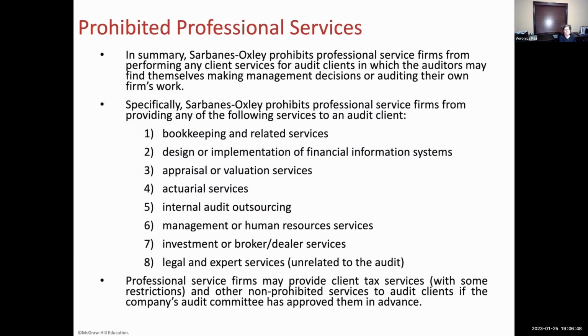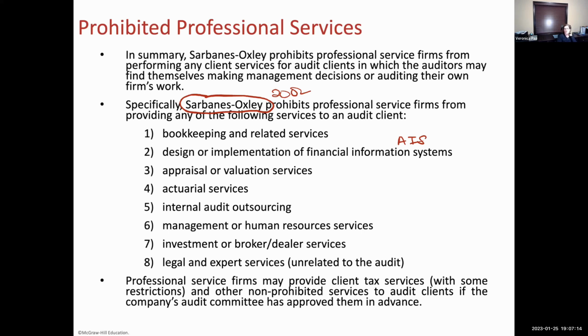And then this is another area that you want to make sure you fully understand. As I mentioned before, there are certain services that we're allowed to do. There's a whole bunch of others that we're not. Basically this was prohibited by Sarbanes-Oxley. So in 2002, we couldn't do bookkeeping. We couldn't help them with their AIS, their accounting information systems. We couldn't do appraisals or valuations.